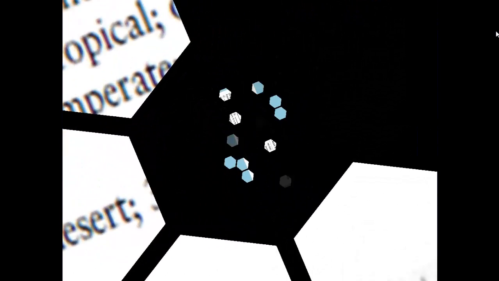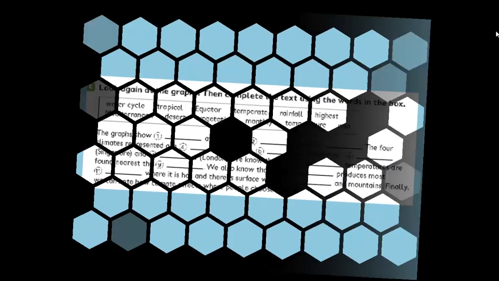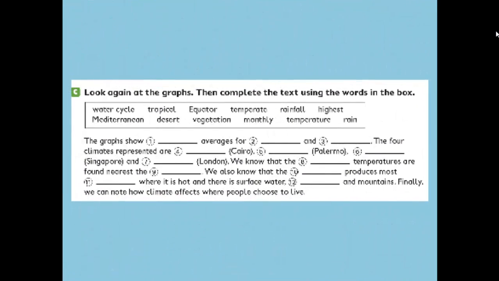Now let's do these exercises. This exercise, number C, is so important. Look again at the graphs, then complete the text using the words in the books. Here we have 12 words.